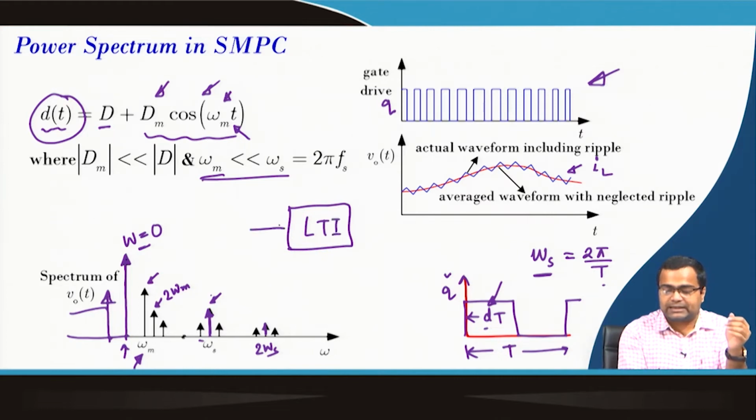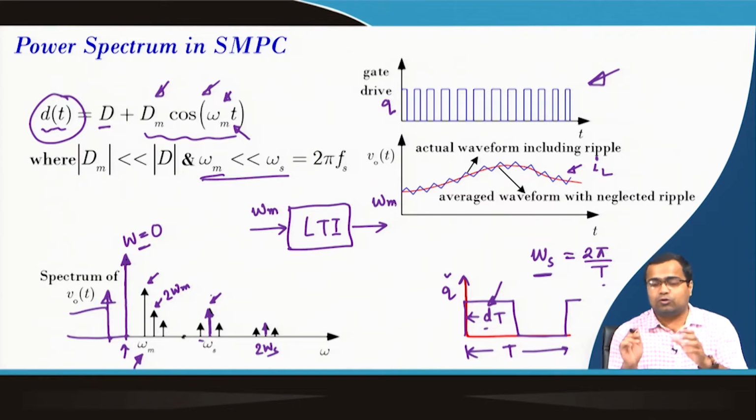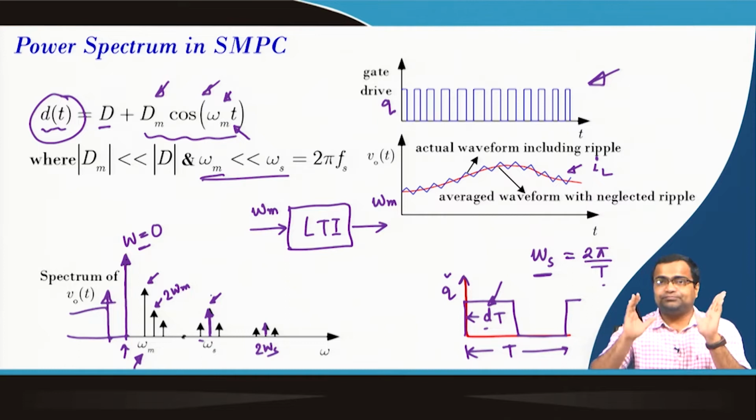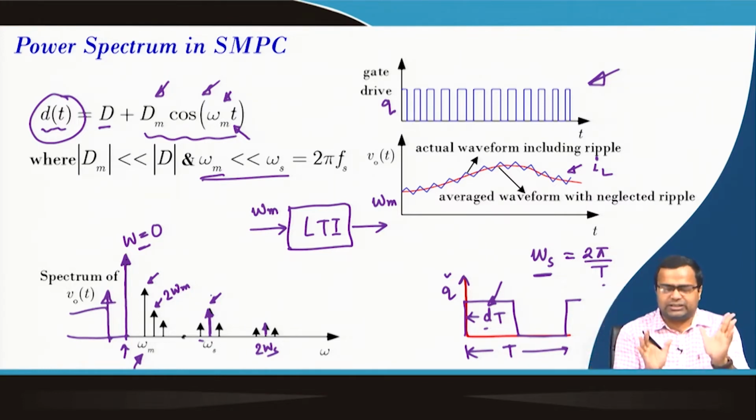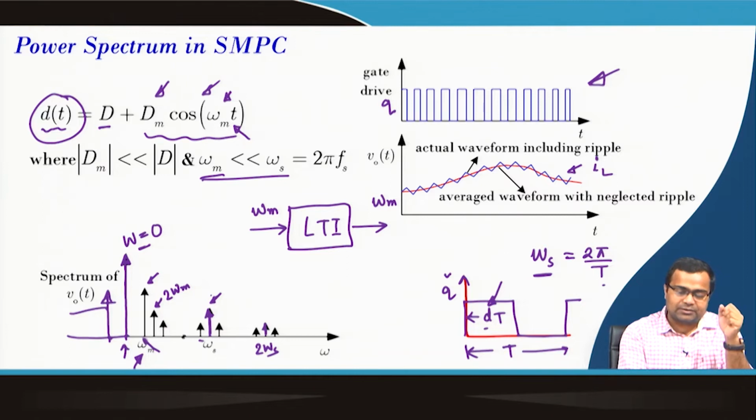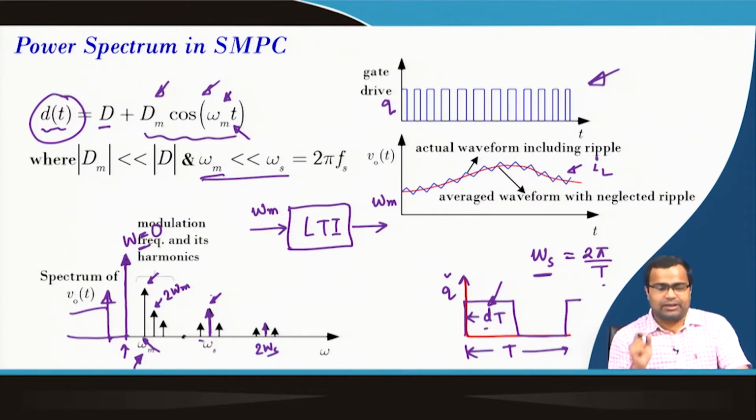For an LTI system, if we excite with an omega m frequency, the output should contain only that excitation frequency. Other frequencies should not be present in a linear system, but this is a switching converter and we want an approximate linear model. That means we are interested in obtaining the power spectrum at the excitation frequency.